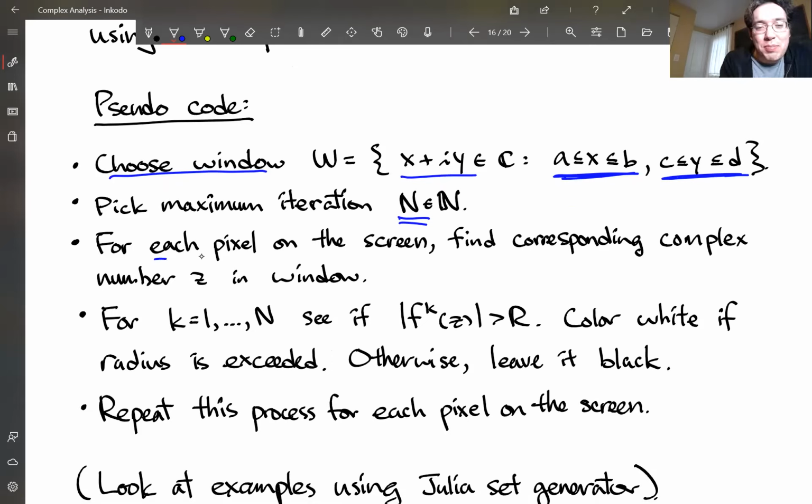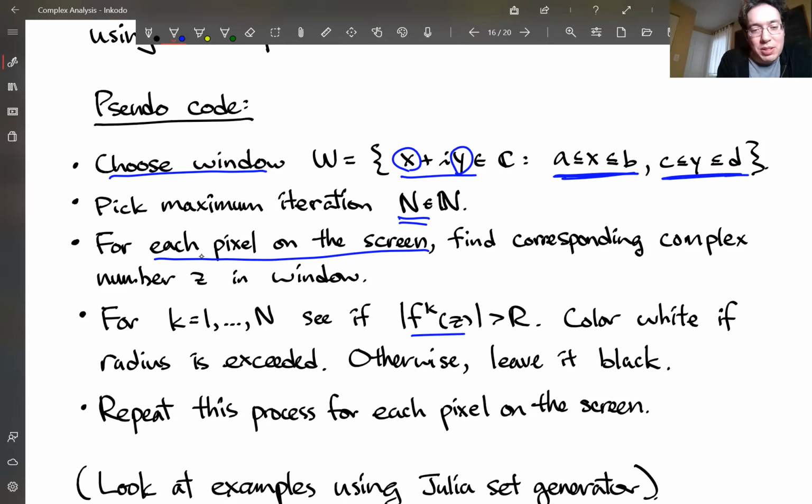And for each pixel on the screen, you have a particular x and y coordinate that corresponds to that pixel. So maybe pick a box on that pixel and look at the center coordinate for that pixel. And you start computing the iterates.